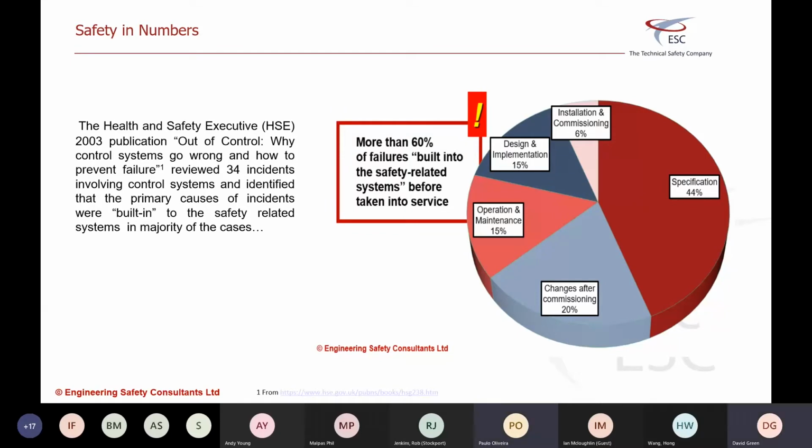You can see there 44% is specification issues, 15% on design and implementation, 6% on installation and commissioning. Operations and maintenance, usually the teams that bear the brunt of why it went wrong, only 15%. Changes after commissioning, and most of the changes were poorly managed, responsible for 20%.